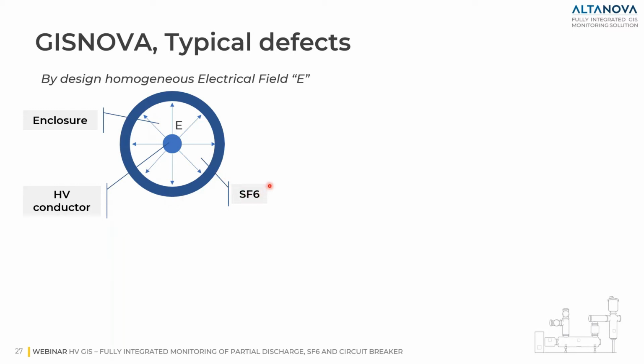And by design, the electrical field in the GIS is homogeneous, and thanks to the insulation properties of the SF6 gas, no PD should be observed in this case, in the ideal case.